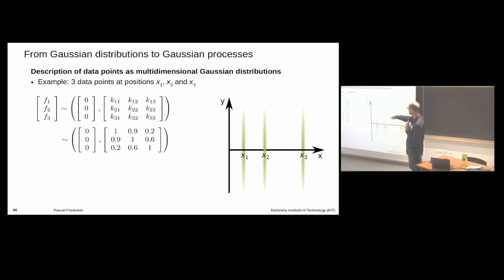That would be that value here. And it's even higher than the correlation between x1 and x3. That's this very off-diagonal element. Just because we know they're further apart. So it's not as valuable to know x3 if you want to measure x1 or if you want to make some assumptions.